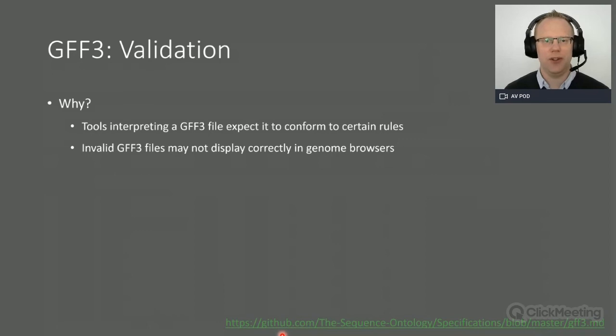The reason why you actually want to do some validation is that tools that interpret these features in this GFF3 file expect it to conform to certain rules or to conform to the specification as set out in this link at the bottom. If it doesn't conform to those rules, what might happen is that you try and visualize that GFF3 file in a genome browser and it might not render correctly.